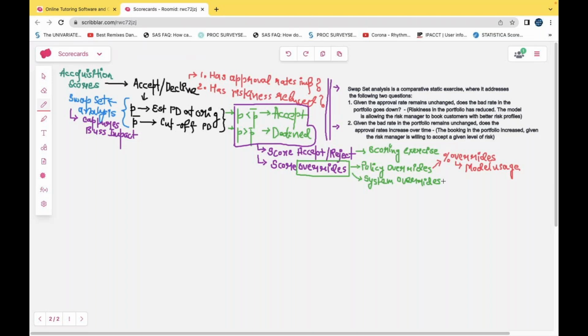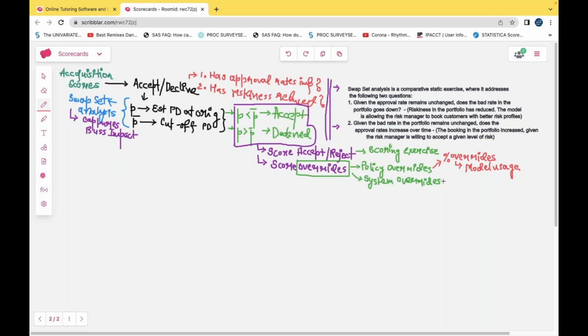That's fine, but all the key exclusions should be appropriately applied, and the model scope should be appropriately defined before the scoring of the model happens, because it is very important that the overrides are monitored and captured gradually. An increasing override rate can imply that the model performance has deteriorated, which can impact the model usage.